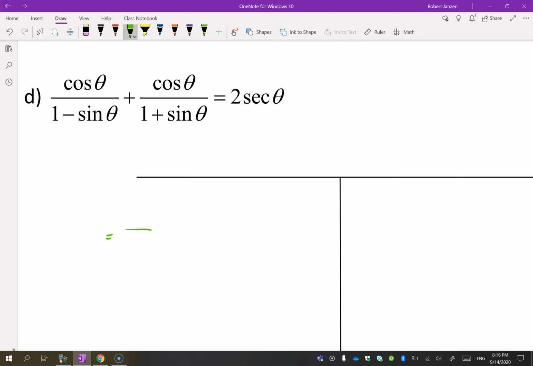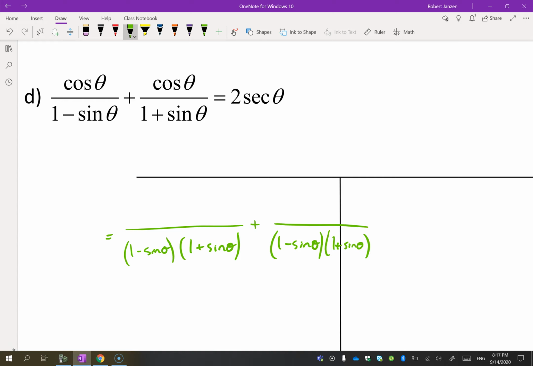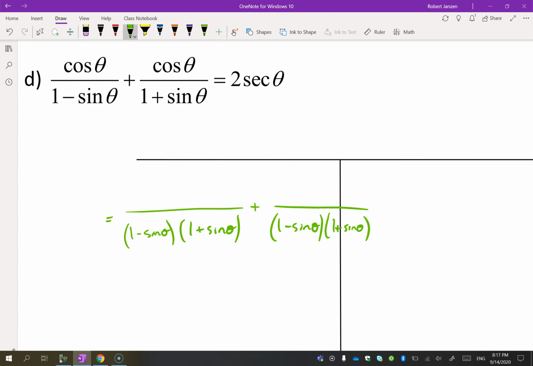So we need common denominators here to add these two fractions. 1 minus sine, 1 plus sine. 1 minus sine, 1 plus sine. So what did I do to the numerator?